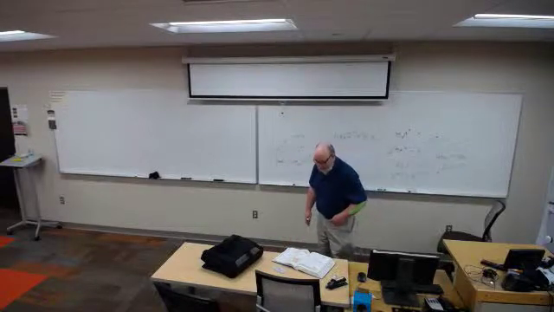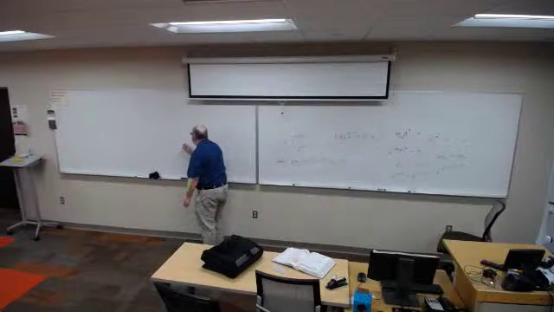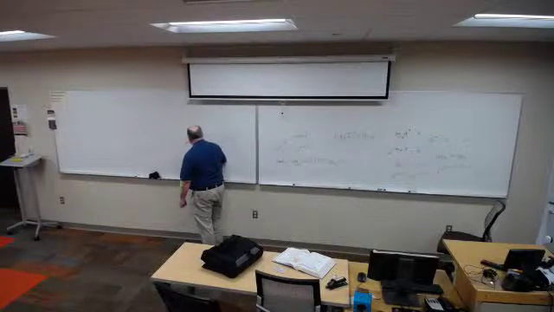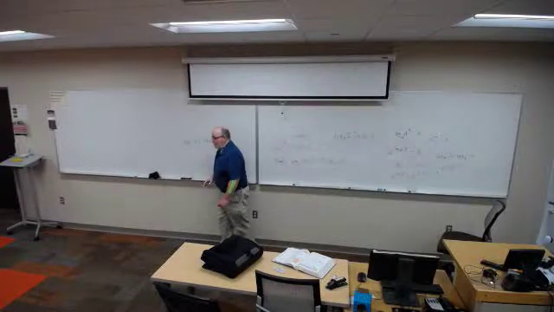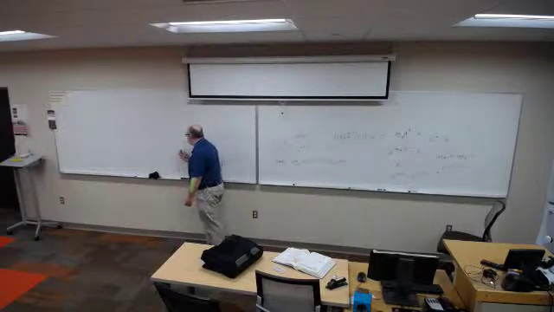So let's say I have the logarithm, we'll just say it's base 10, of x times y squared times the square root of z. And my instructions are to split this up.